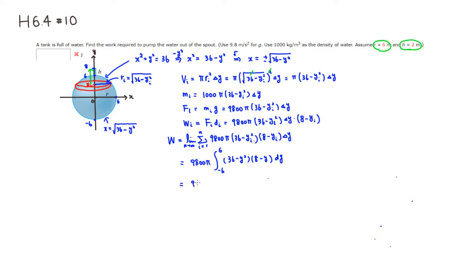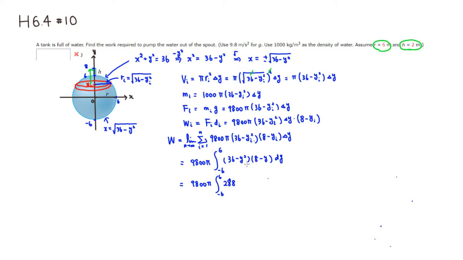So you have 9,800 pi times the integral from -6 to 6. You multiply 36 and 8. 6 times 8 is 48, and 3 times 8 is 24, so 288.